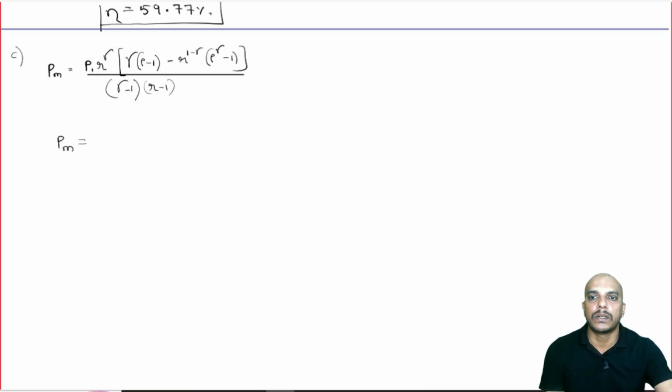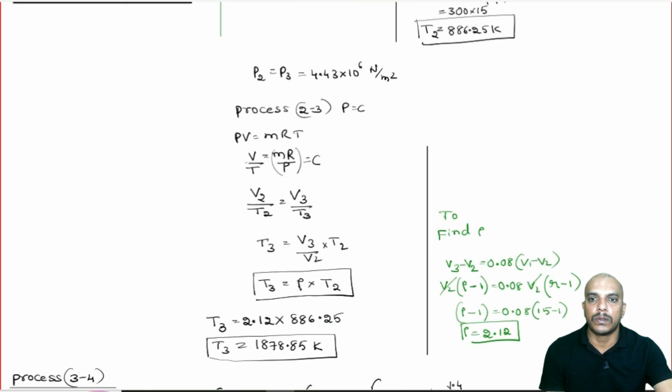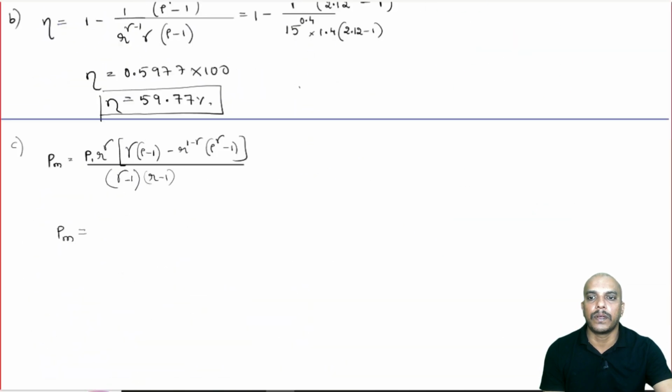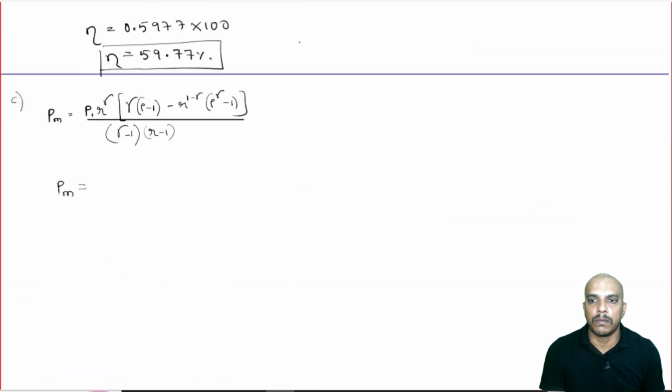P1 is known to us, 1 into 10 power 5, and the value of R is known to us, 15.